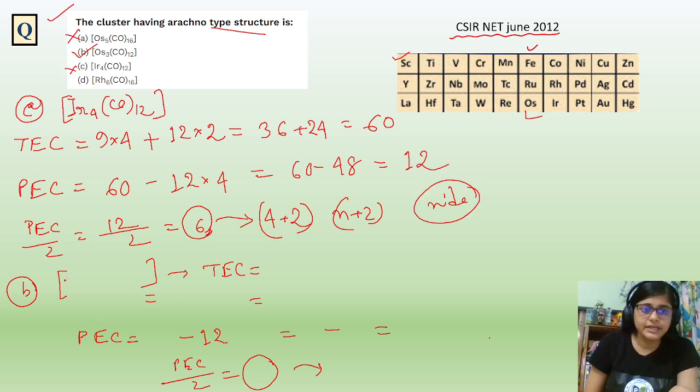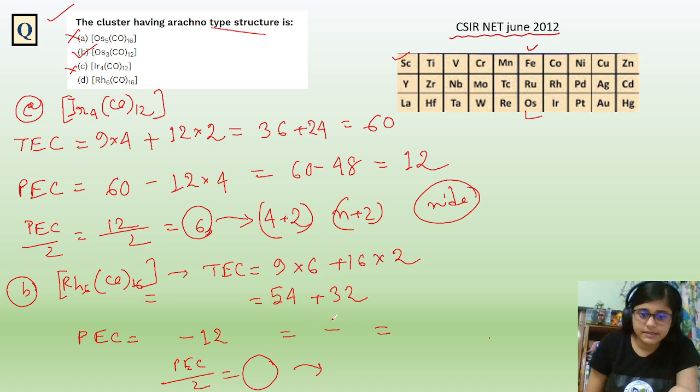Okay. For the D case, Rh6 CO16. Rh is in which group? See, Rh is in cobalt group, right? So we have to take 9 for Rh into 6 plus 16 into 2. That means 54 plus 32. That is 86.